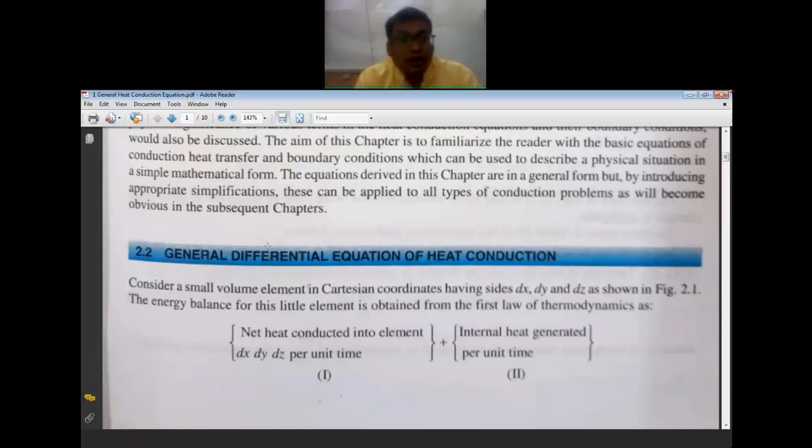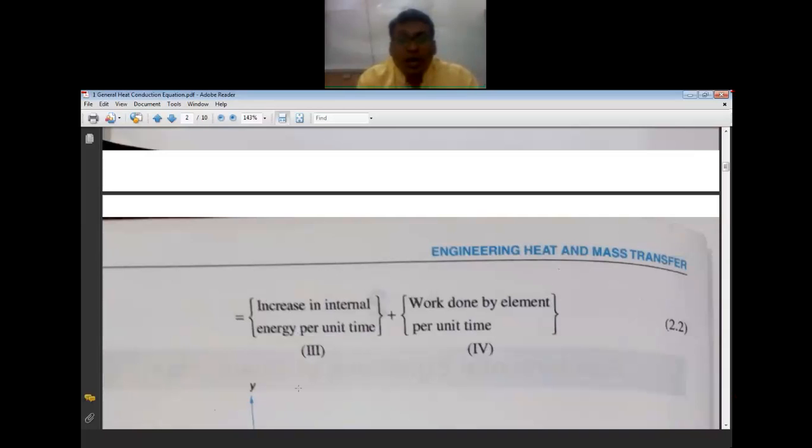So the net heat conducted into the element per unit time, plus the internal heat generation, that is, the heat generated per unit time, will be equal to the increase in the internal energy per unit time plus the work done by that element per unit time.